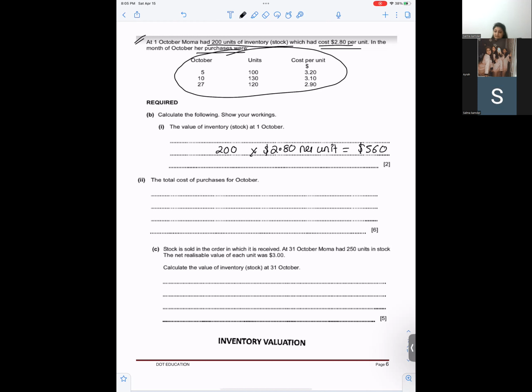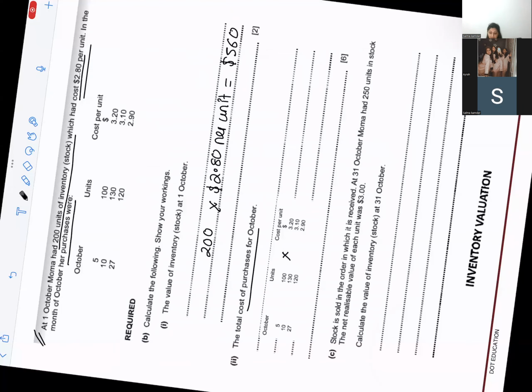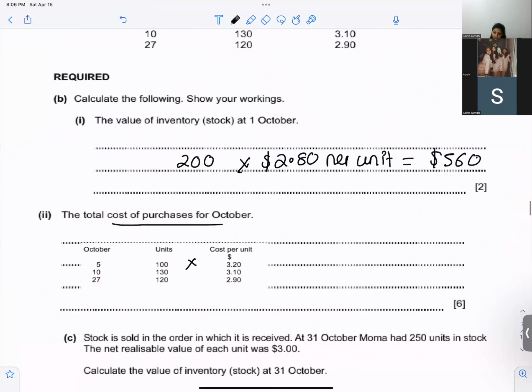Okay. Total cost of purchases. Total cost of purchases will be 100 into 3.20, which is 320. Then 130 into 3.1, which is 403.